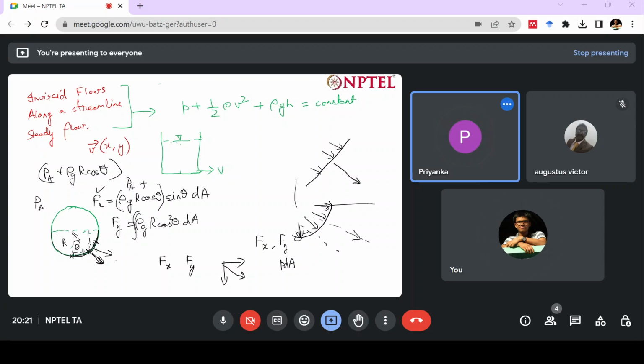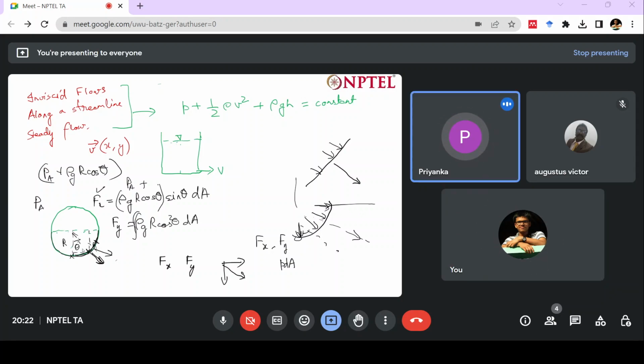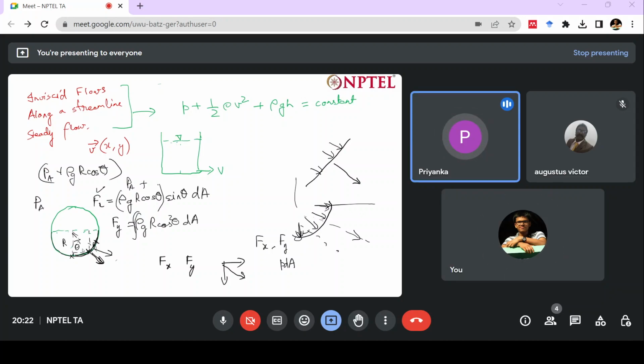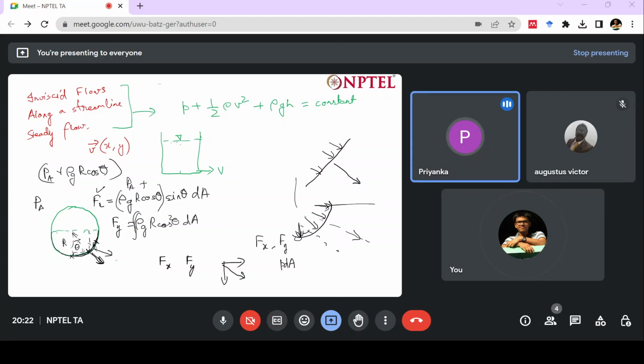As sir told in the video, to find the horizontal force we should project the surface, and for the vertical force we took the weight of the water above the surface. I asked about that method, sir.